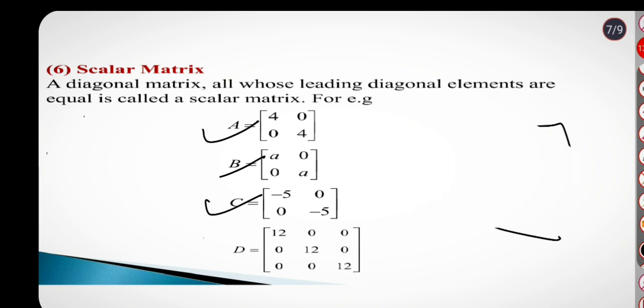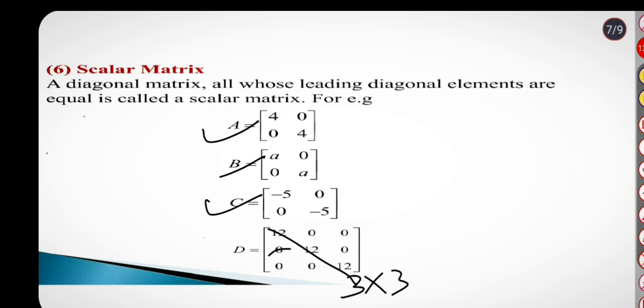Now next, this is 3 cross 3 order. You can see that the diagonal entries are the same, but all other elements are 0. Then you can say that this is the scalar matrix.